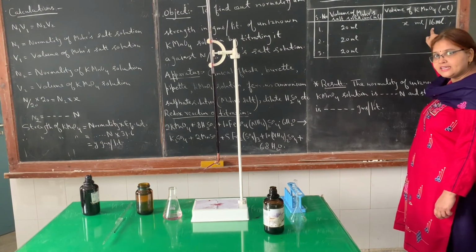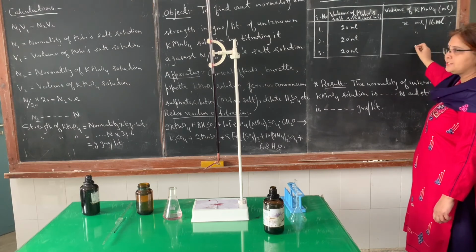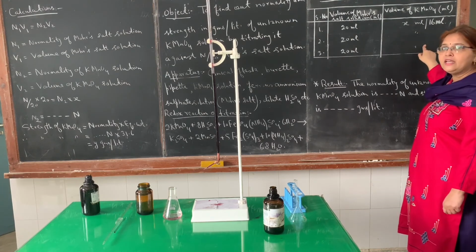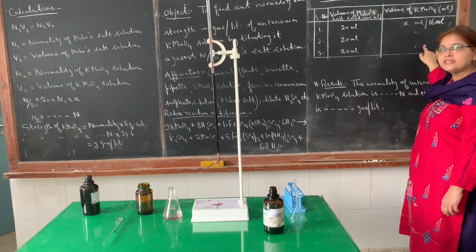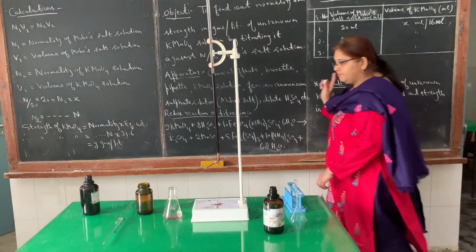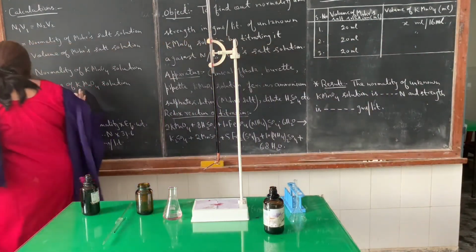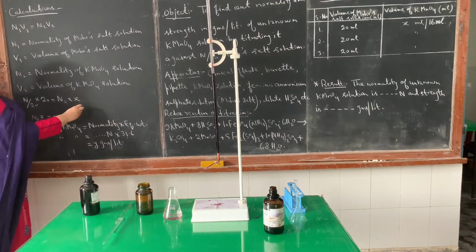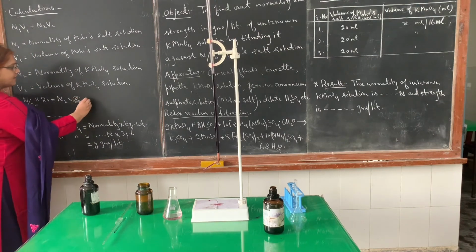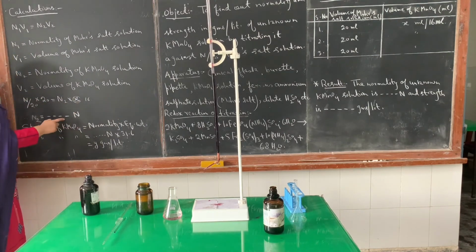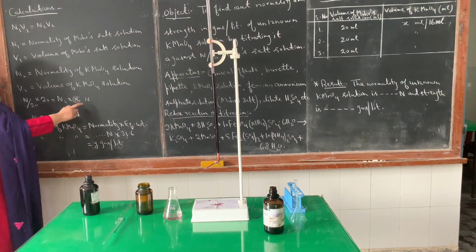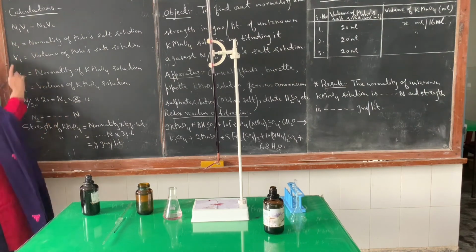We will perform this experiment until we obtain the same reading of 16 ml. So our X value here will be 16. We will do the calculation by using this 16 ml in the calculation table.